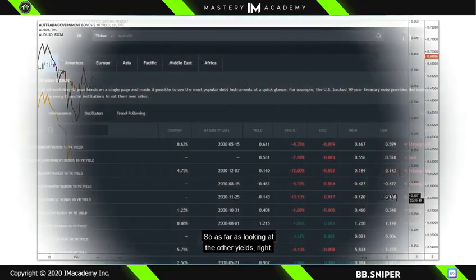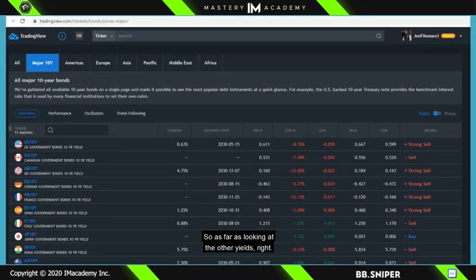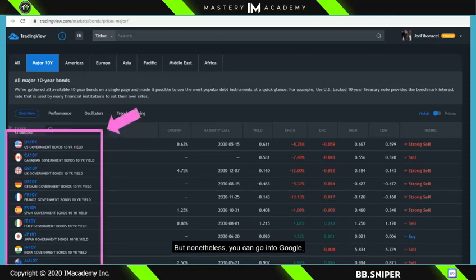So as far as looking at the other yields, all right, you can go to tradingview.com, and here is the list. It's actually cut off. I didn't mean for that to happen. That's just something that happened with PowerPoint, so it is what it is. But nonetheless, you can go into Google, type in TradingView bond yields.